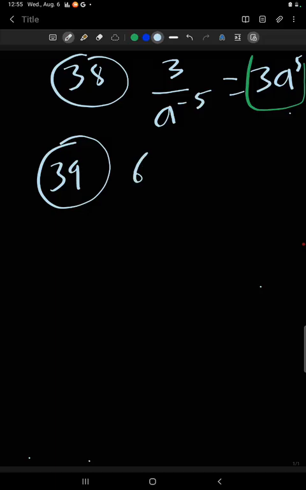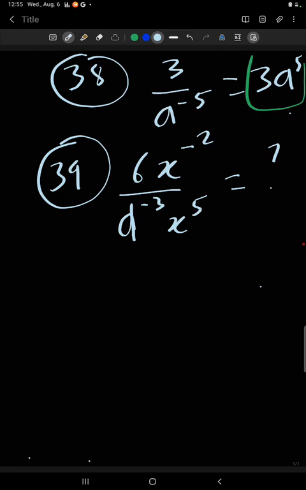Let's say we have 6x to the power negative 2 divided by d, that's d as in delta, to the power negative 3, x to the 5th, right? What is that equal to? So once again, we have x both in the numerator and the denominator. So when that happens, the x's are going to be dealt with separately.